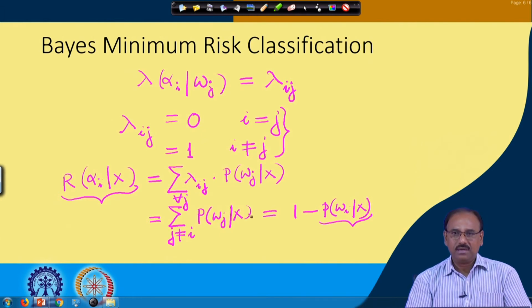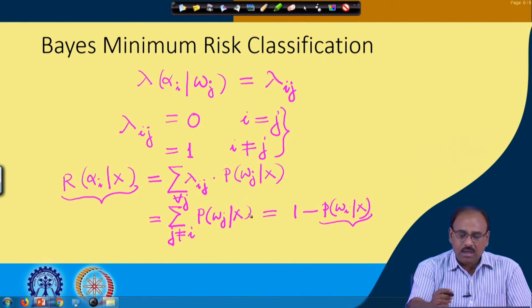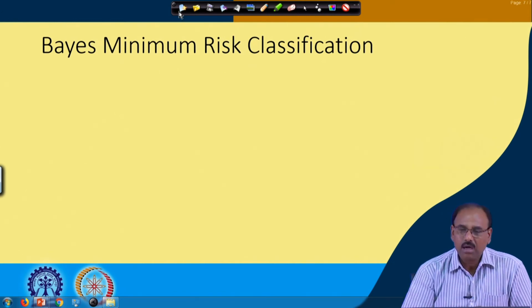But in general, for different types of wrong decisions, my loss function will not be the same. So, we will discuss that more later.